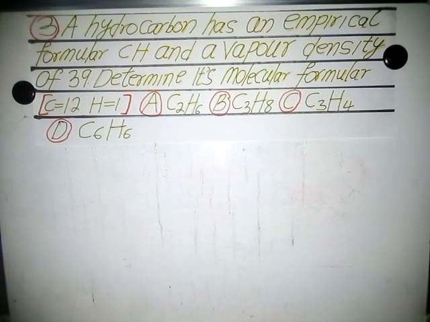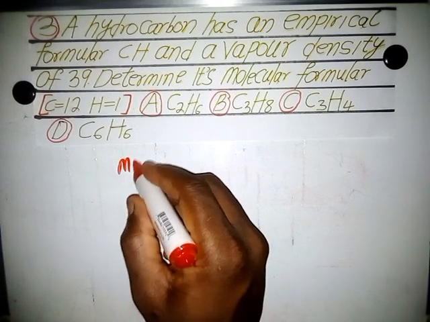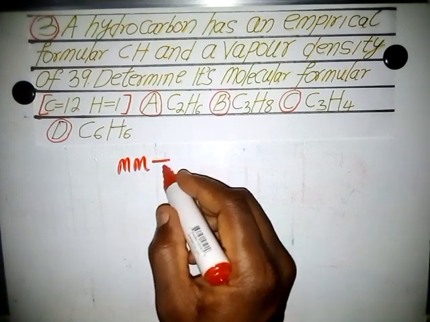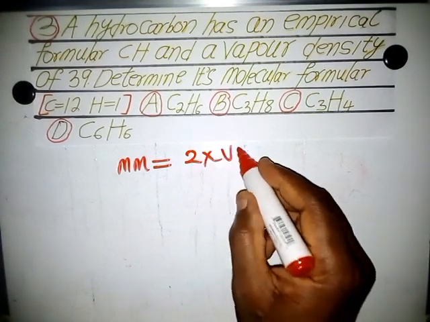So let's see how we do this one. I also know that molecular mass is equal to 2 times vapor density.